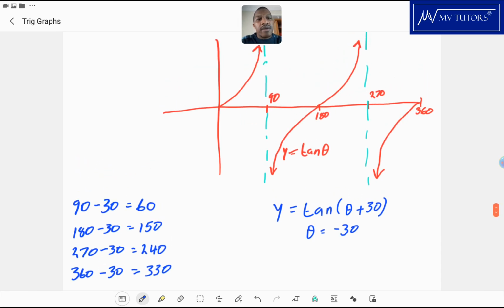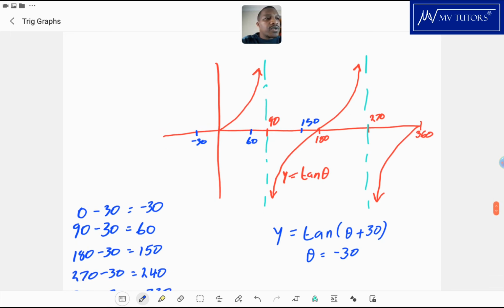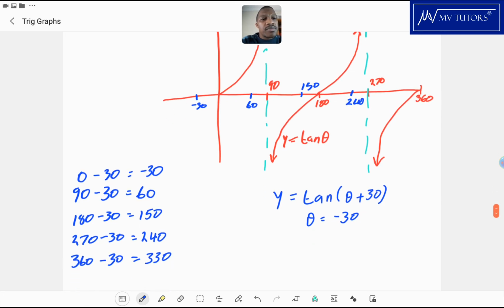Okay, so let's find these numbers. Here we have 0 minus 30, which equals minus 30. So 0 becomes minus 30, and then 90 becomes 60, 180 becomes 150, 270 becomes 240, and 360 becomes 330.